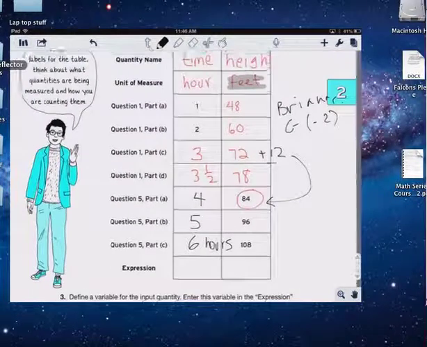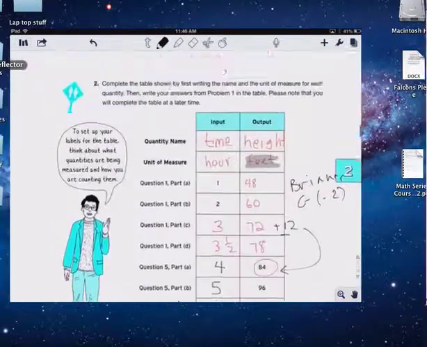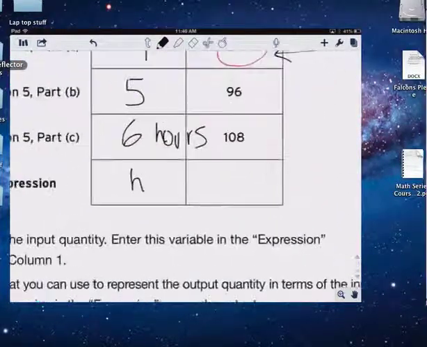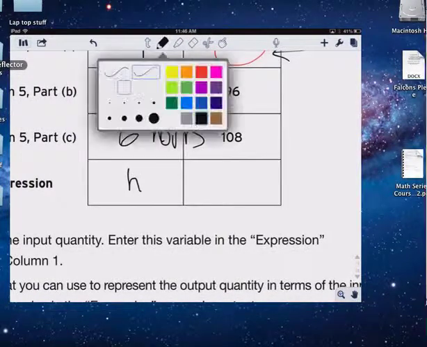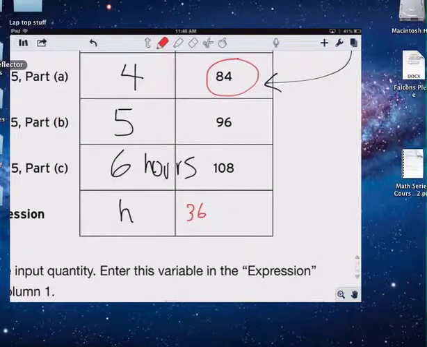The expression, okay, we give H for the number of hours. What did we do to find the height? We started out with 36.